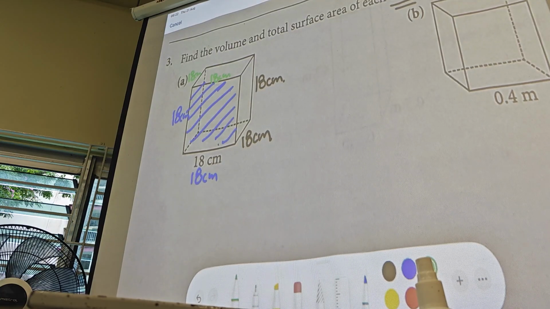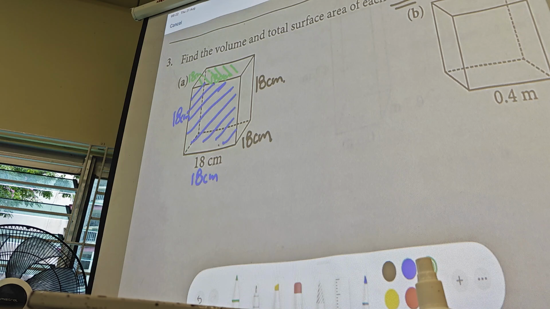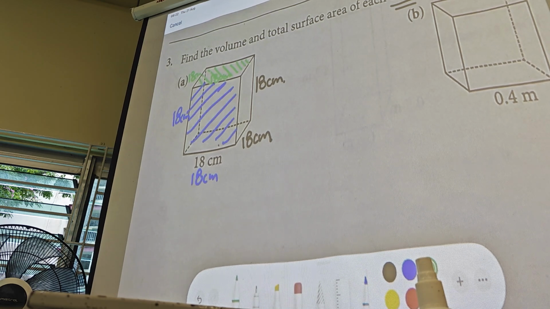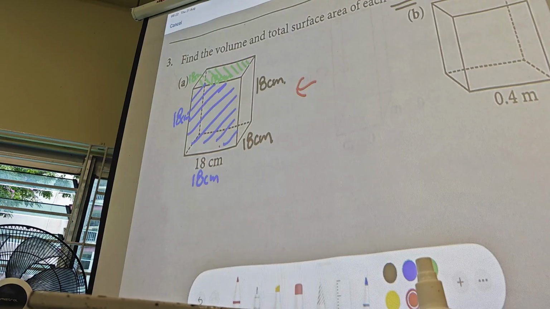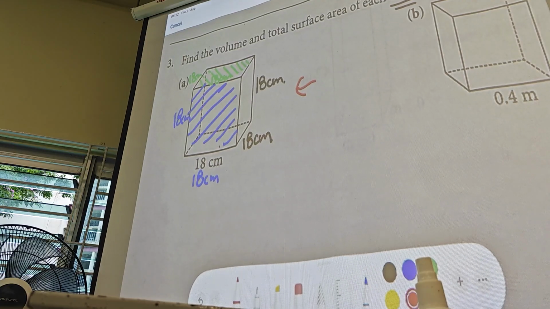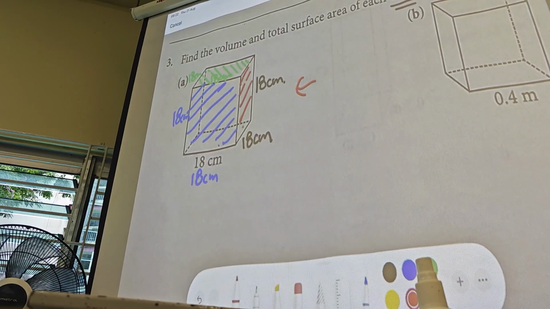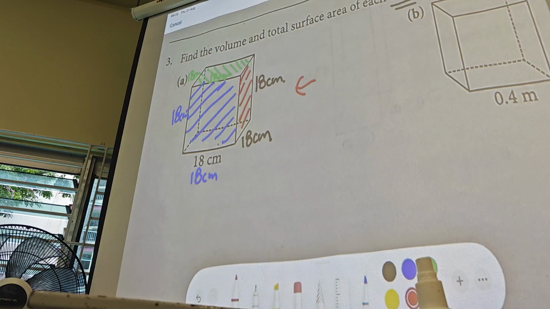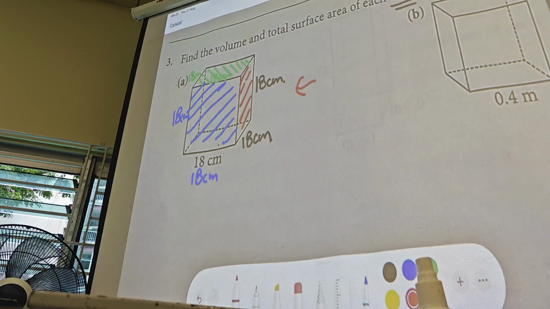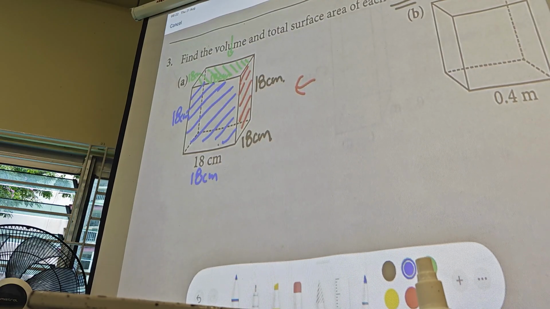So when I see from the top, the green color one I see will also be a square. Then if I see from the side, when I see from this direction, 18, 18, so I will also see a square. So for a cube, that means the solid object I see from top, bottom, side, they will all look like a square. That is the definition of a cube. Okay? When I see from the different direction.